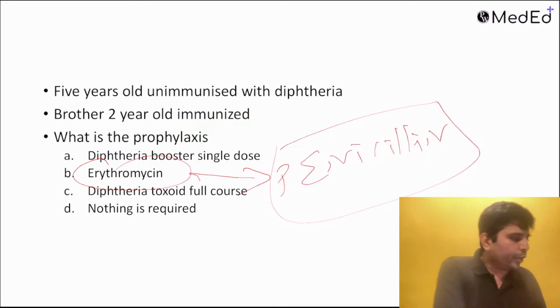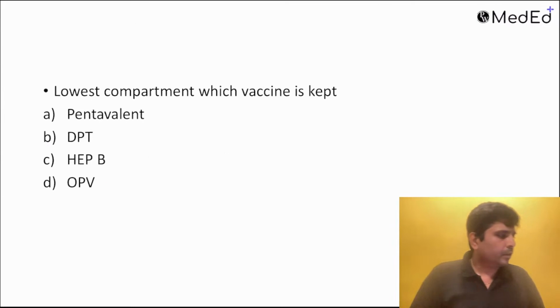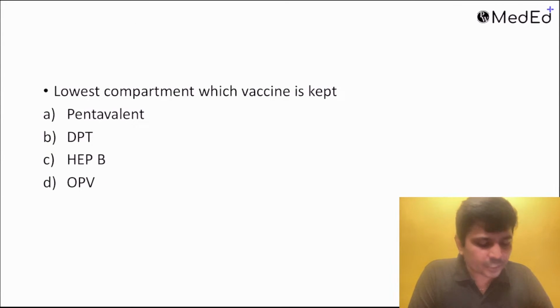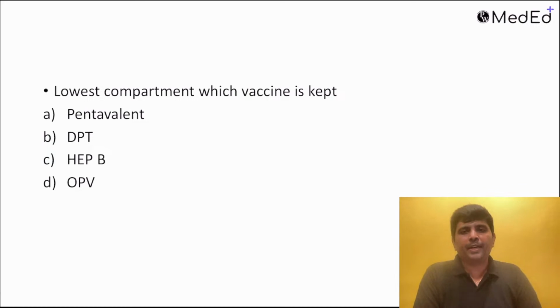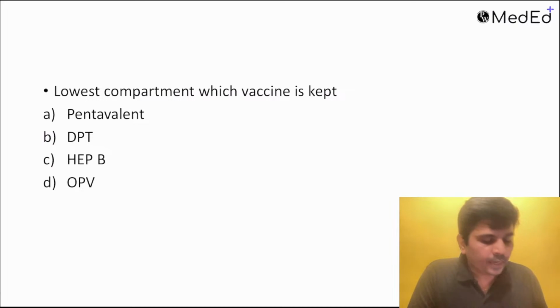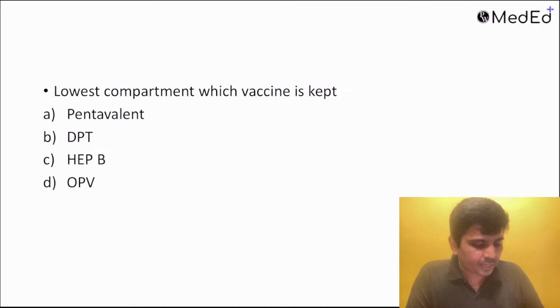Right. Going to the next question. Lowest compartment, which vaccine is kept? Maybe there are some crossovers between pediatrics and SPM. What about the stem of this question? Is it pentavalent, DPT, hepatitis B, OPV? What is the answer?